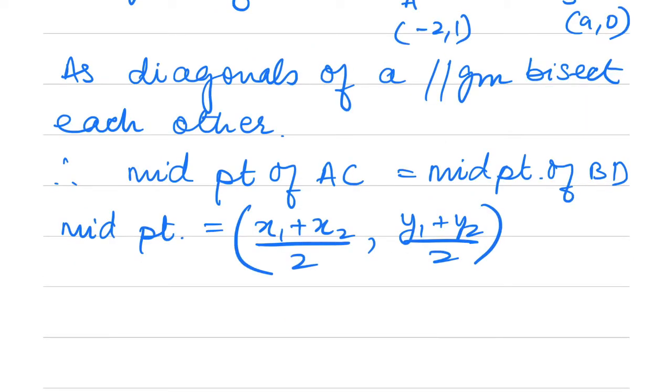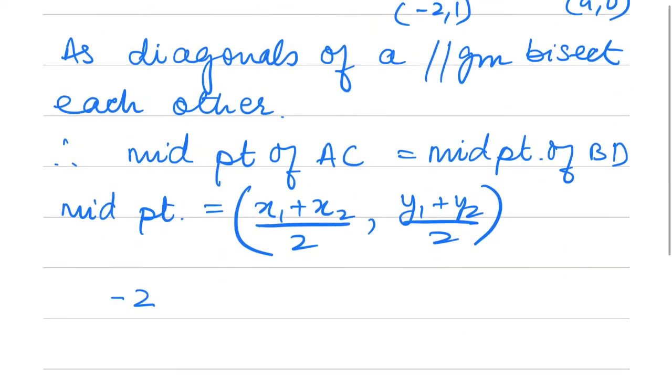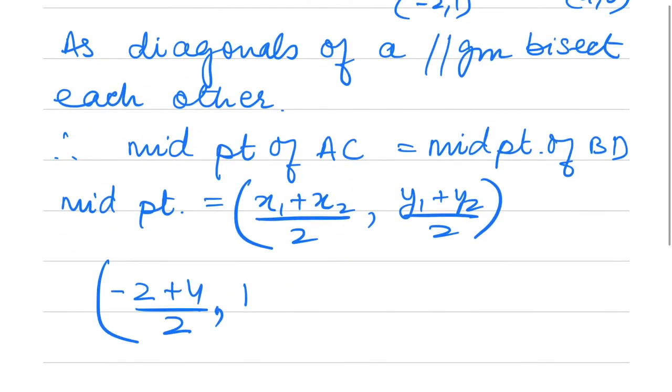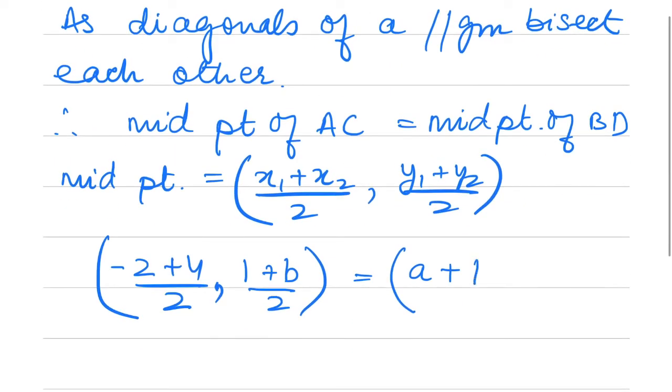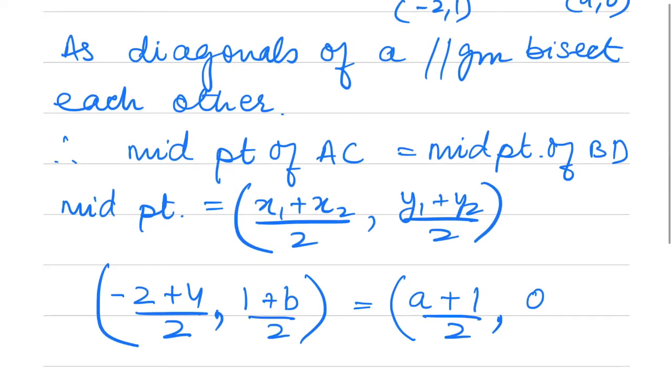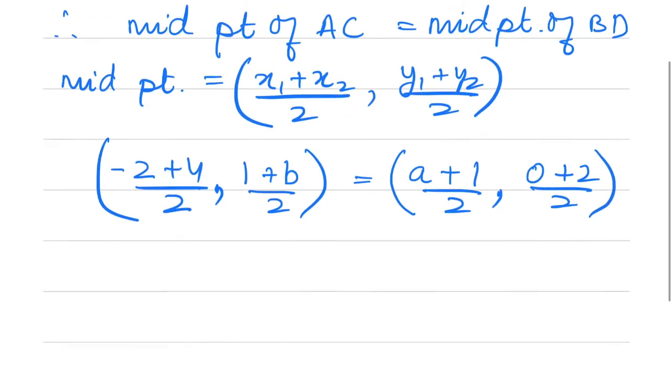So midpoint of AC, so I need the coordinates for A and C. The x coordinate for A is minus 2 and x coordinate for C is 4, divided by 2, and y coordinate for A is 1 and y coordinate for C is b, divided by 2, is equal to x coordinate for B is a plus x coordinate of D is 1, divided by 2, and y coordinate for B is 0 and y coordinate for D is 2, divided by 2.